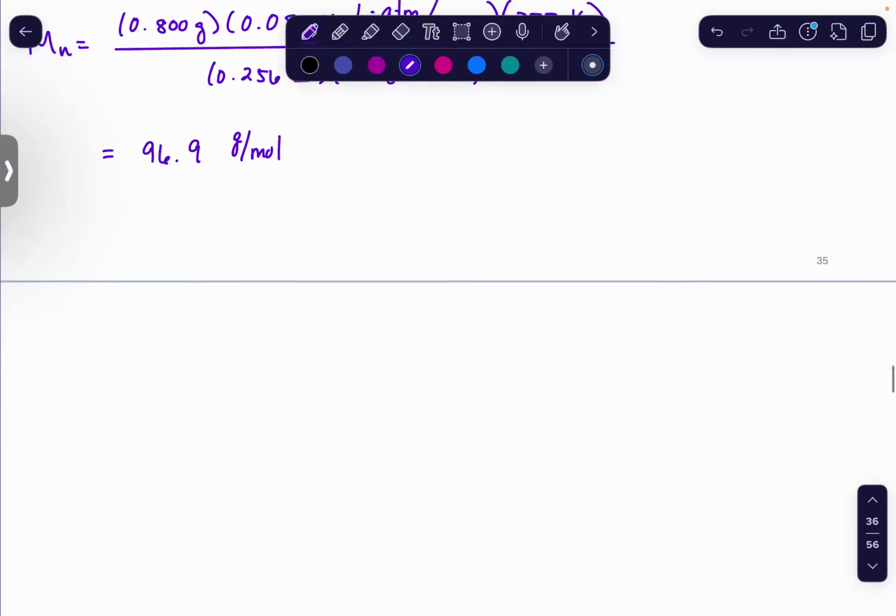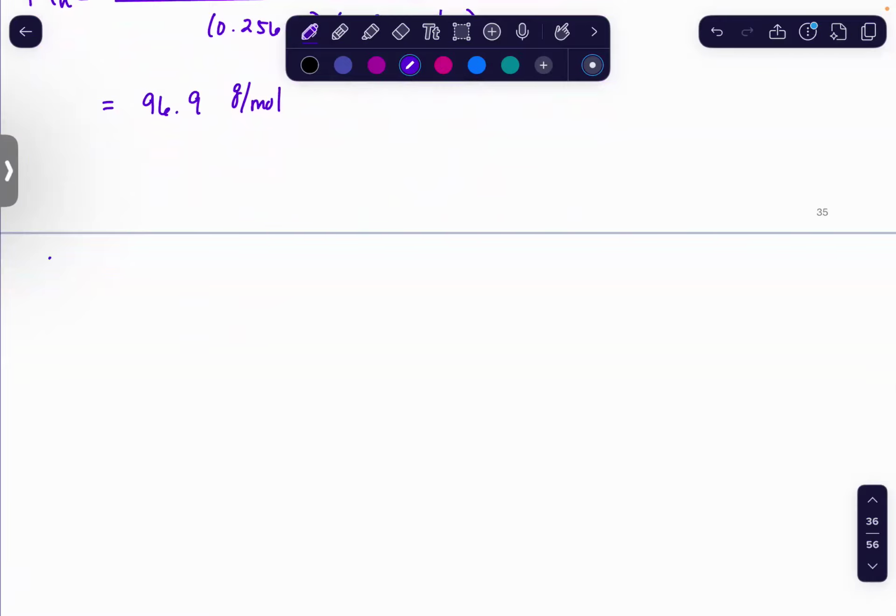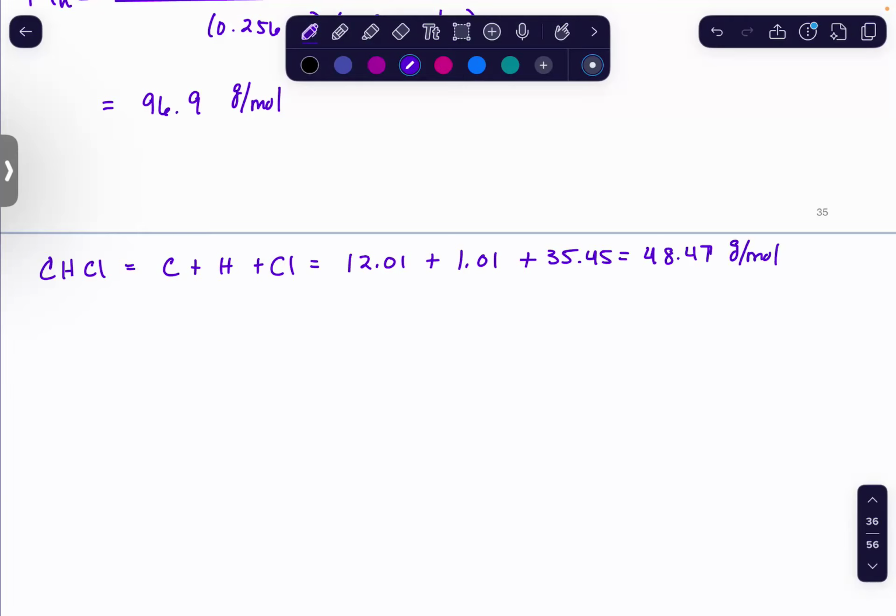Okay, well, let's look at the empirical formula. CHCl, it's going to be C plus H plus chlorine, or 12.01 plus 1.01 plus 35.45 equals 48.47 grams per mole. Now I have the two numbers that I need to find out my multiplier.